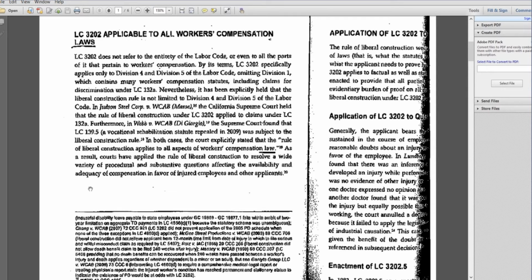Now, I want to read a few other citations from this blog so that we can provide some color to Labor Code 3202 and show some upsides and downsides and some applications and some areas where it's not applicable. But in the end, we're going to summarize it by simply stating that the liberal construction philosophy does apply to the qualified medical evaluation.